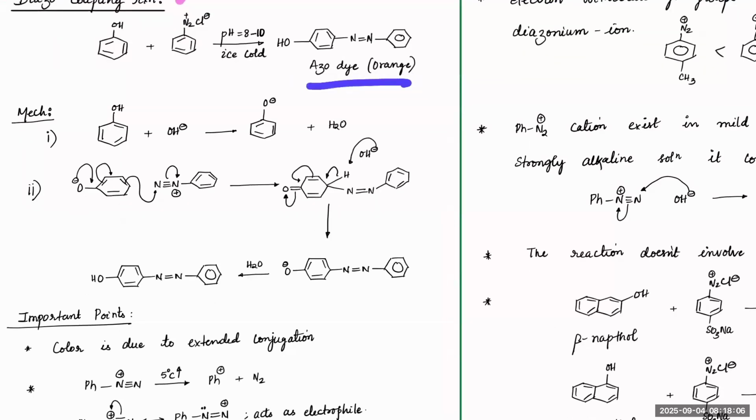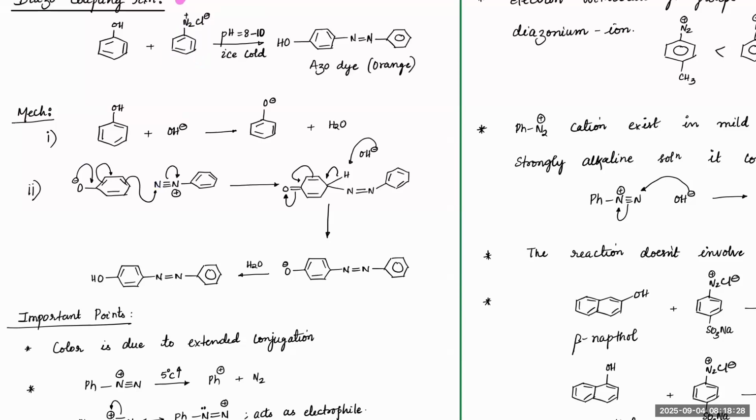And how do we get this azo dye? See the mechanism. OH minus will take H plus from here. Why OH minus? Because I'm maintaining the pH a slightly basic medium. So OH minus will take H plus, creates a phenoxide ion. Phenoxide will make the ring highly activated, and N2 plus can be treated as an electrophile.